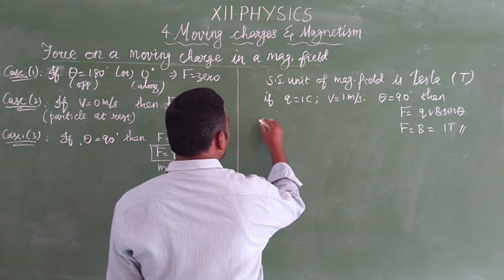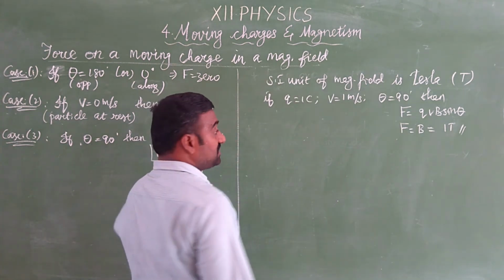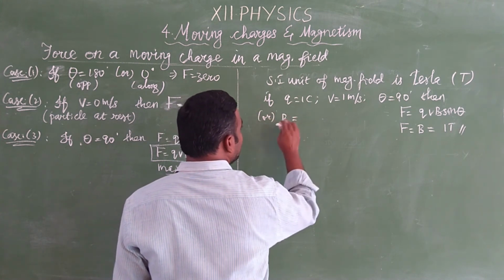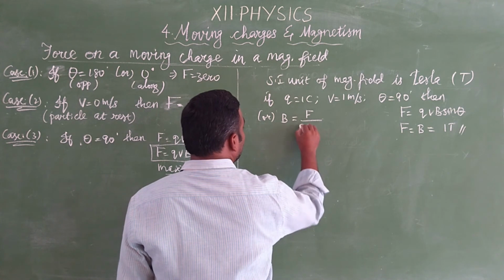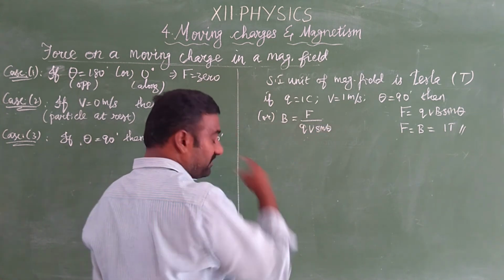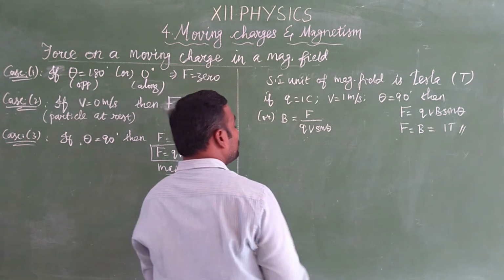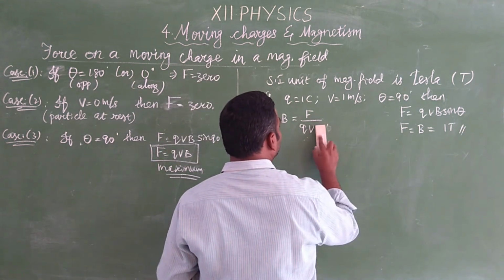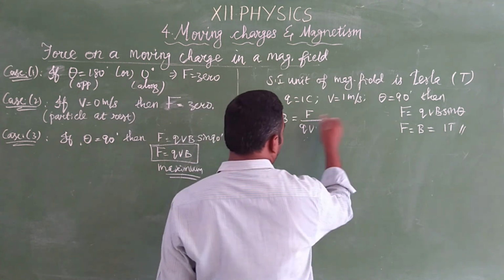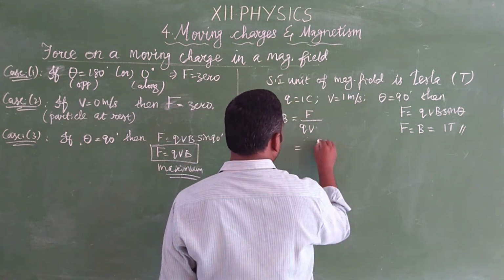So from the formula we know that F is equal to QVB sin theta, but only the magnetic field we want. So B is equal to F by QV sin theta. The theta value is anyway 90 degree, so we can eliminate it. Okay. Now we can substitute the corresponding units. SI unit of force is Newton.